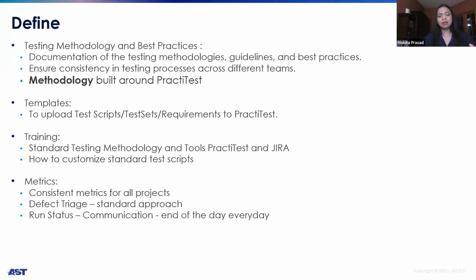Okay, so in a quick summary, our methodology is: we have all of our test scripts, generic versions, standard versions, and when a new project starts, we give those generic test script documents to the project team. The project team, everybody has the same version of the document.